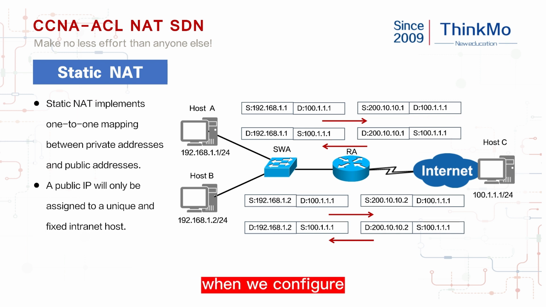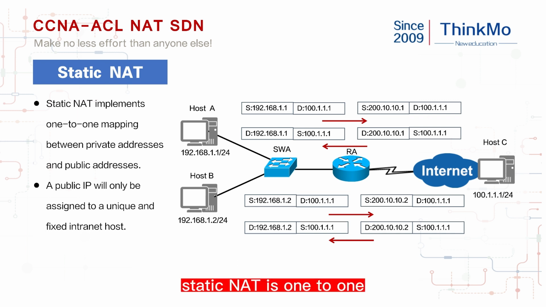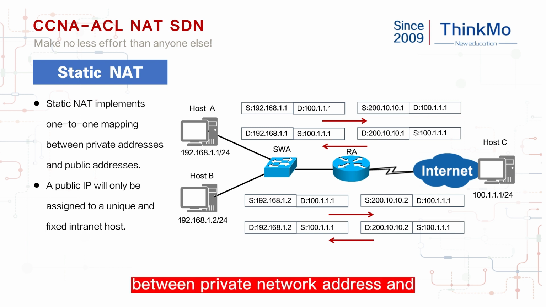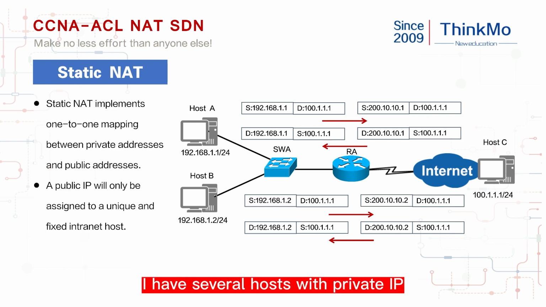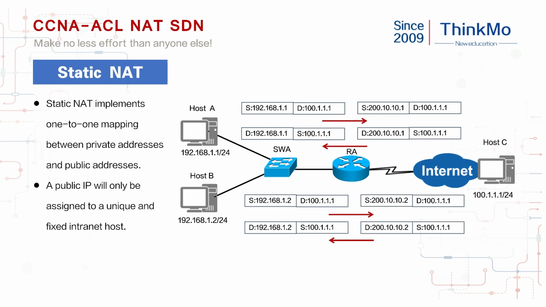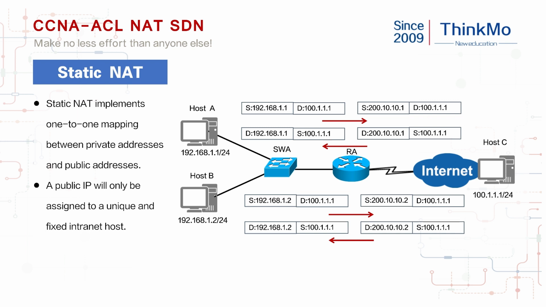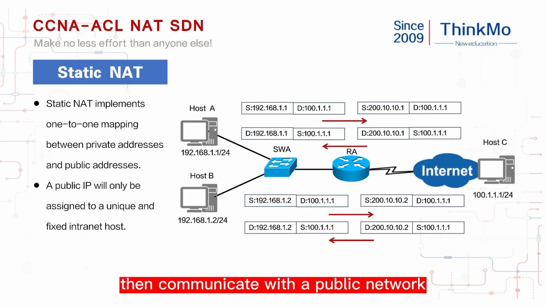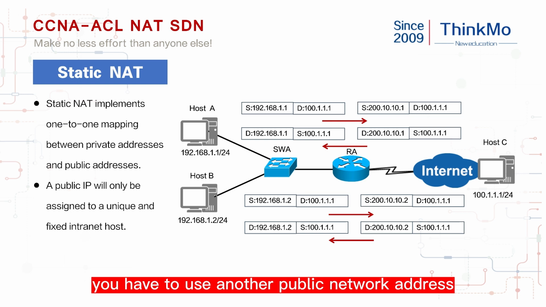When we configure, there are many ways to implement NAT. Static NAT is one-to-one between private network addresses and public network addresses. If I have several hosts with private IPs, there must be several public network IP addresses for them to map. Do you think this method is useful? One private network IP is converted to a public network IP to communicate with the public network; another private network host has to use another public network address.